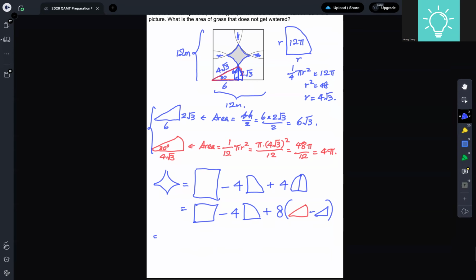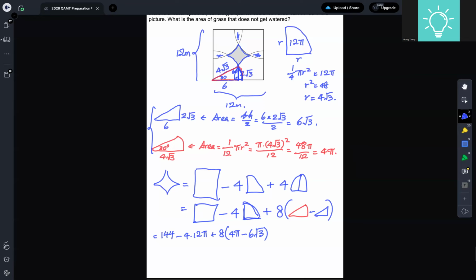The area of the big square, that's 12 by 12. So that's 144. Okay? 4 times the area of the quarter circle, which was given 12 pi. And now we have 8 times this, where this is the area of that, which is 4 pi minus 6 square root of 3.